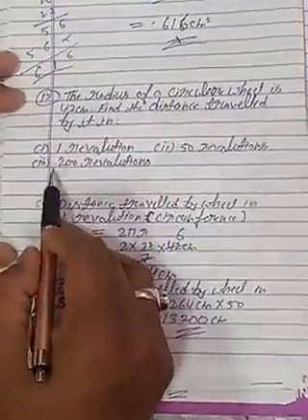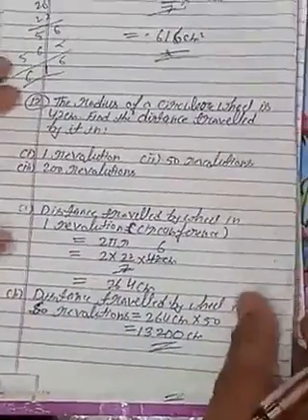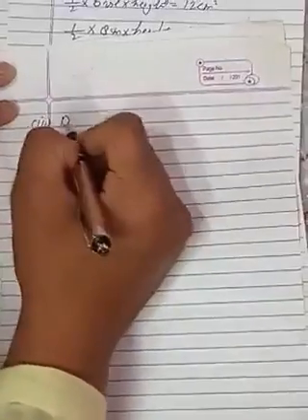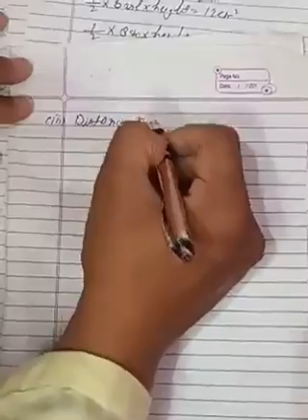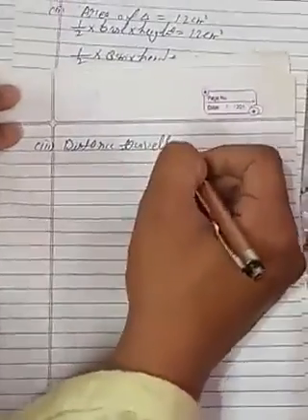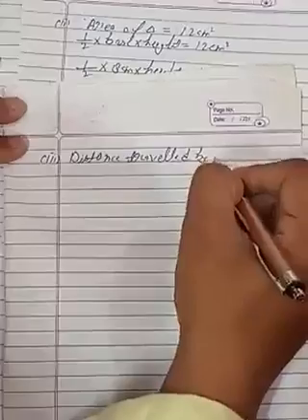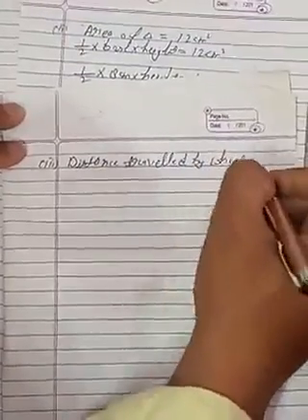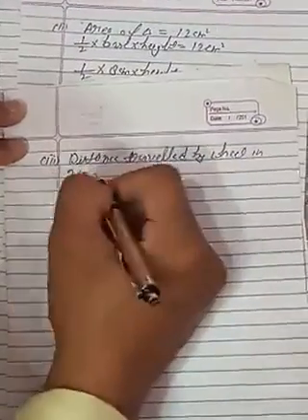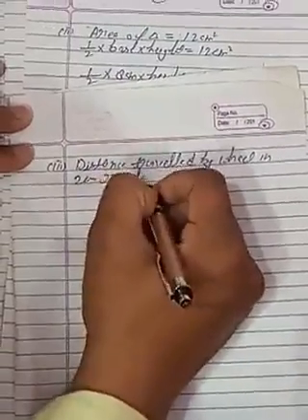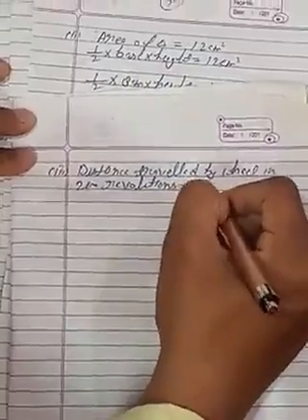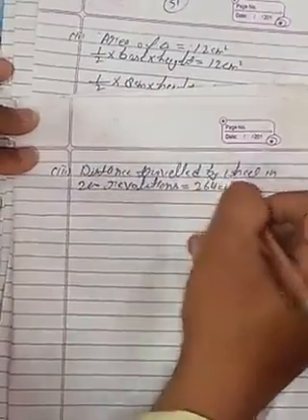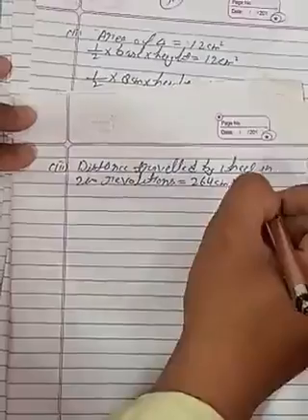Now we have to find the distance traveled by the wheel in 200 revolutions. So students, easily we can find. So in the third part, distance traveled by wheel in 200 revolutions is equal to, distance traveled in one revolution 264 centimeter, in 200 revolutions multiply by 200.